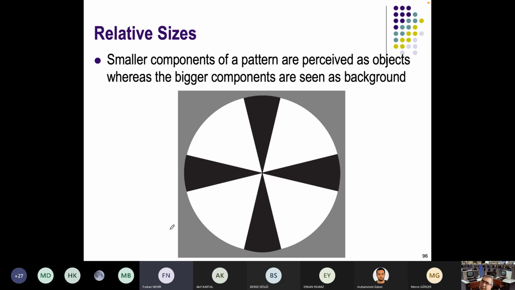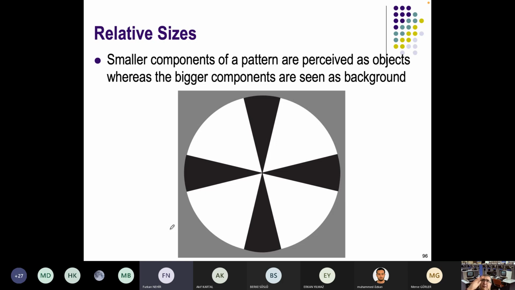So when we have something like this, usually we perceive it as a black fan rather than a white fan on the black background, because black regions are smaller, we see a black fan.